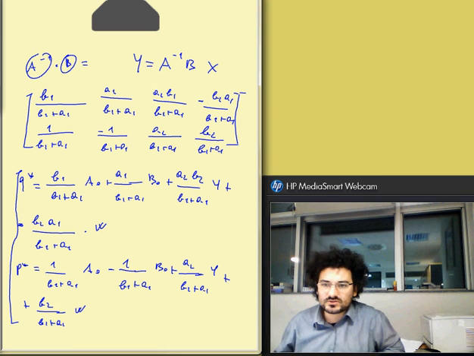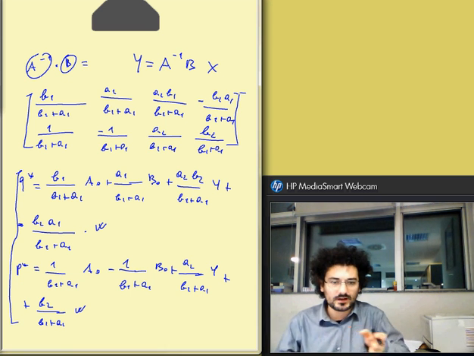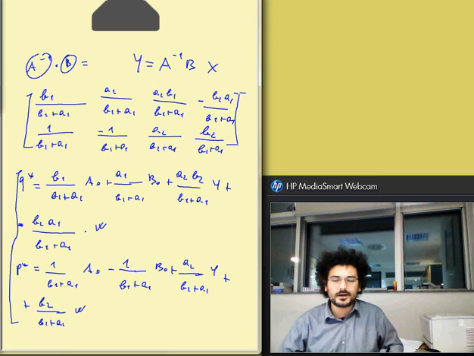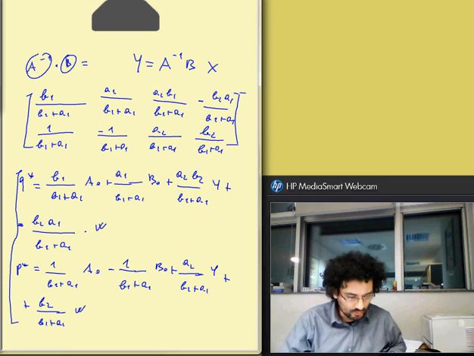This is the reduced form model because we have each one of the two endogenous variables Q star or P star in function of all the other exogenous variables we have in the system.